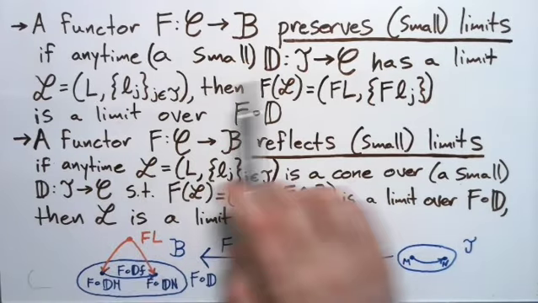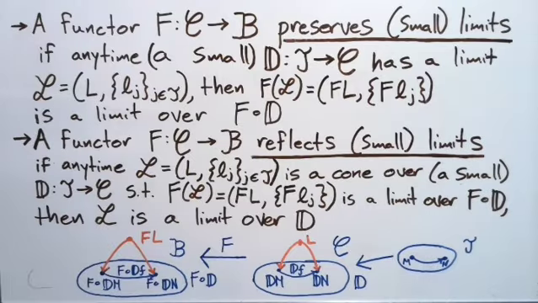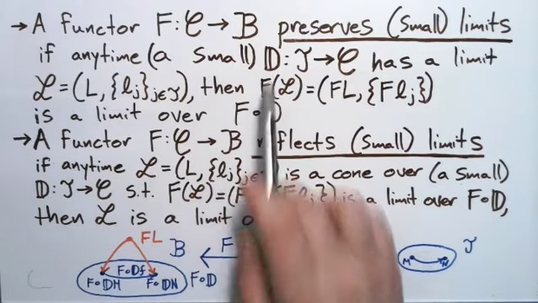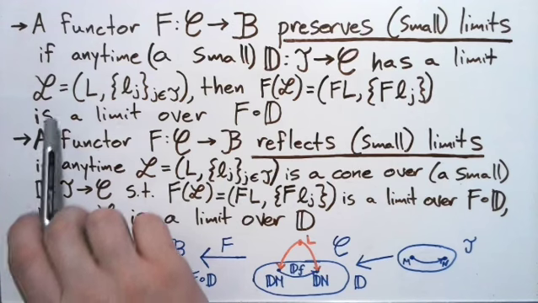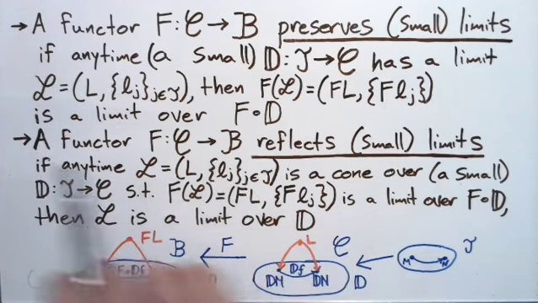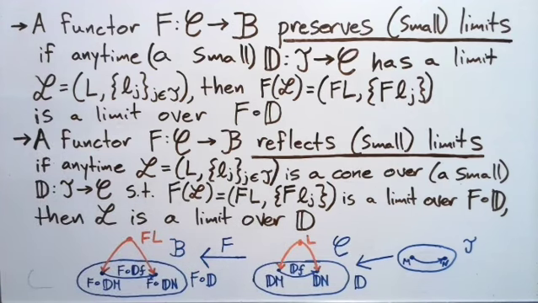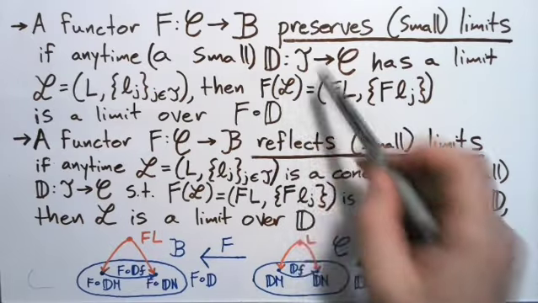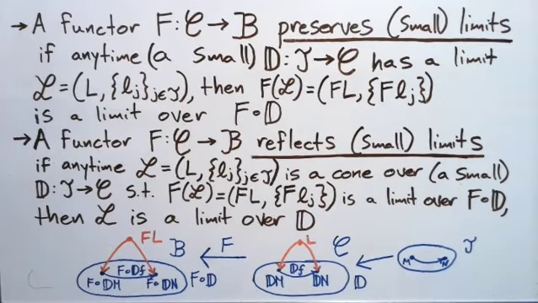A functor preserves small limits if anytime a small diagram D has a limit L, then F of L is a limit over F after D, sorry. So that's the small version. It's pretty simple. It's just saying this only applies when the diagram D is a small diagram. So that's preserving limits. Now what about reflecting limits?